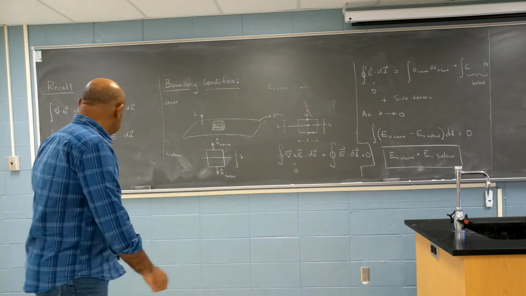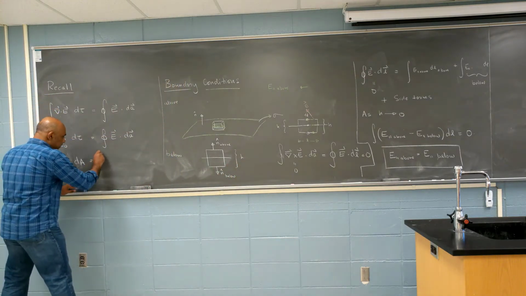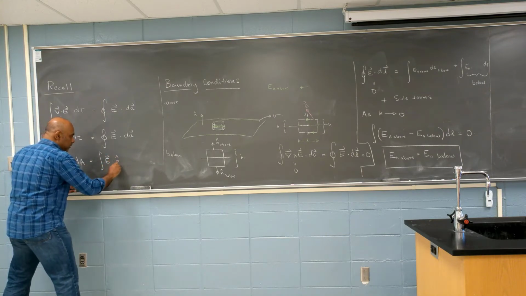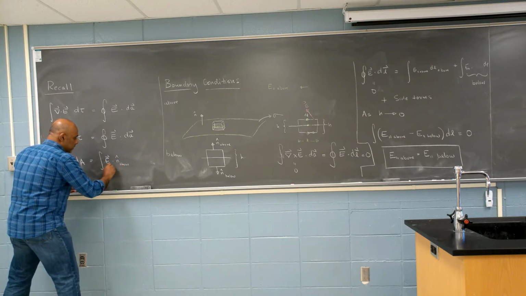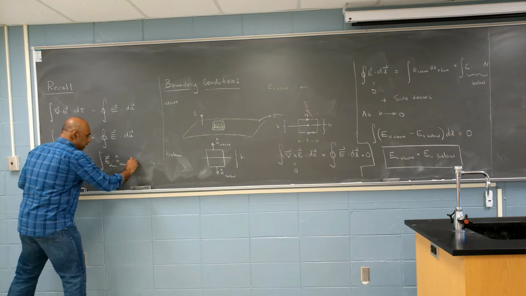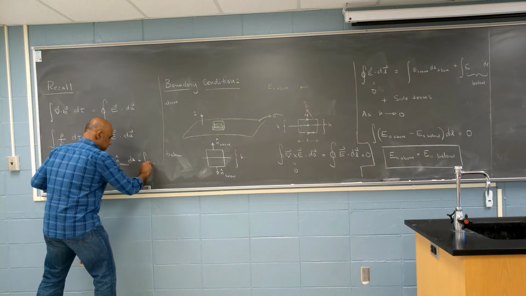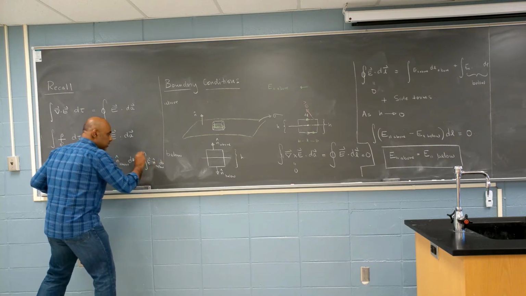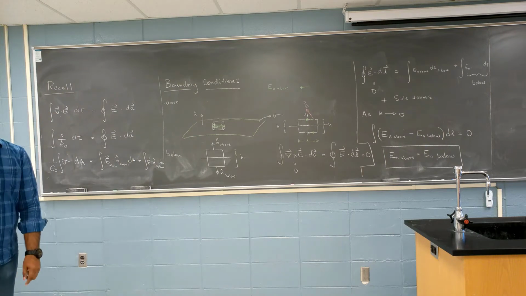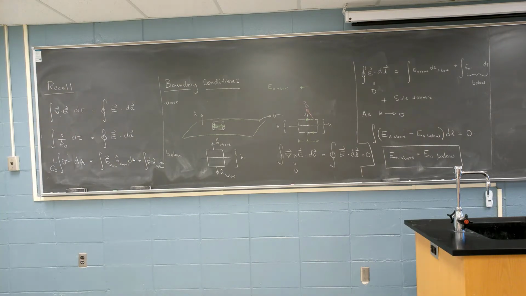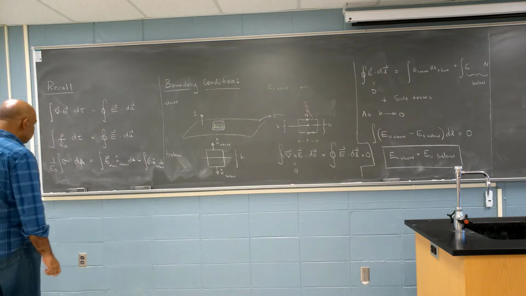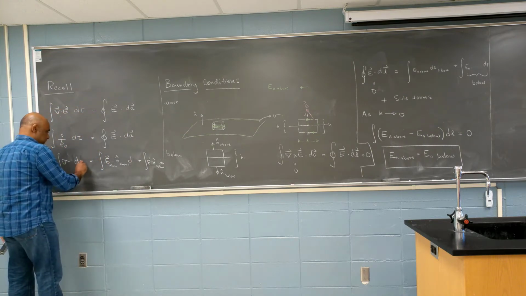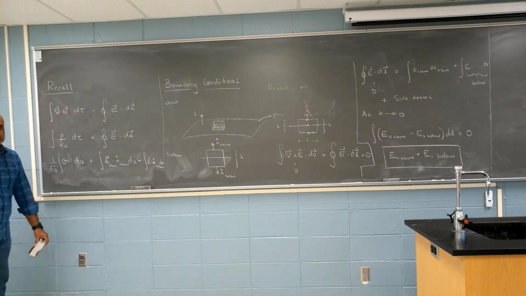And this is going to be E dot N above dA plus E dot N below dA. And I'm going to collect all the terms, to be consistent with Griffiths.